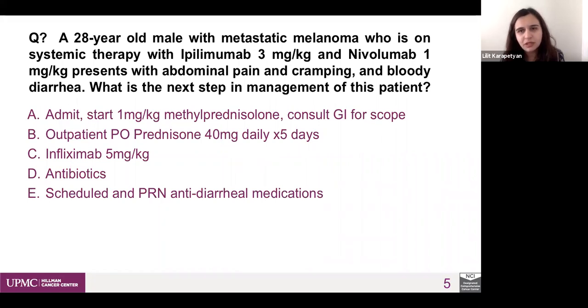You first do a diagnostic workup. You do your C. diff. In general, when you see an oncology patient on chemotherapy, immunotherapy, anything, have a low threshold of checking C. diff. So do the C. diff and all your infectious workup. You're absolutely correct. Once those are negative, start the steroid. Thank you.